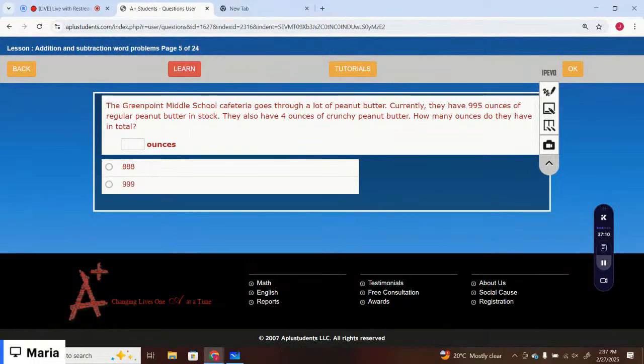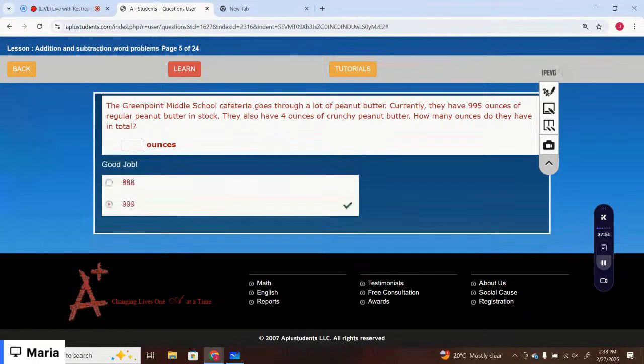How many ounces do they have in total? 995 plus 4 equals 999. Option number 2 is the correct option.